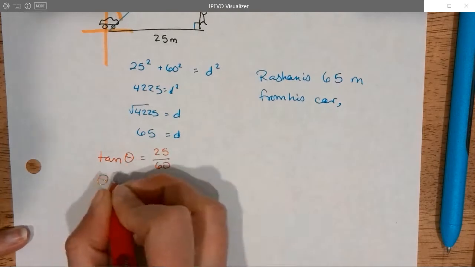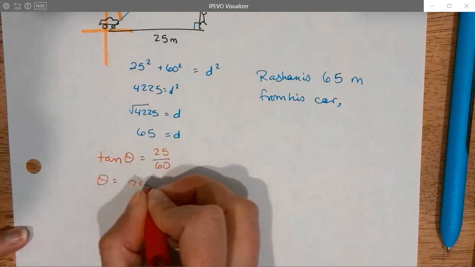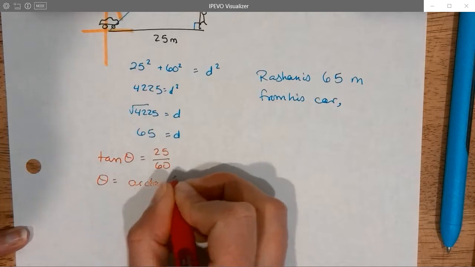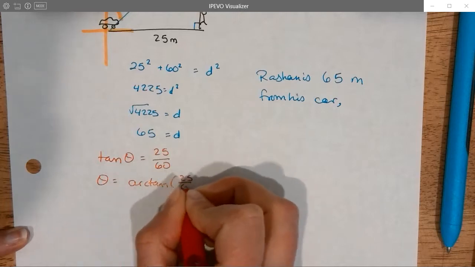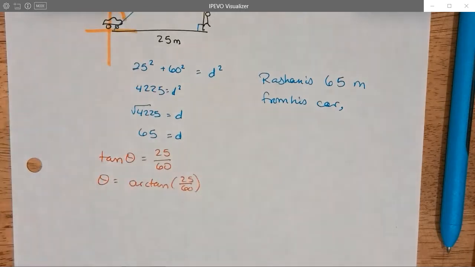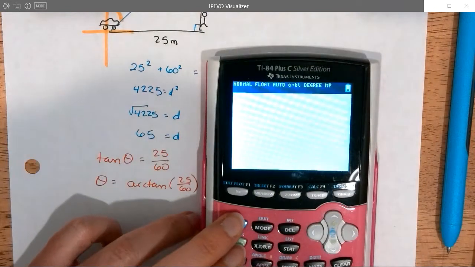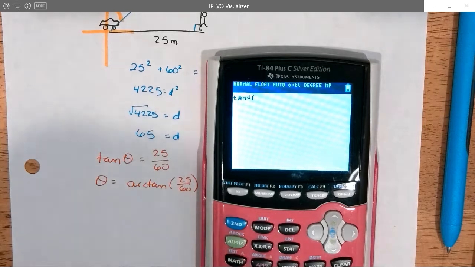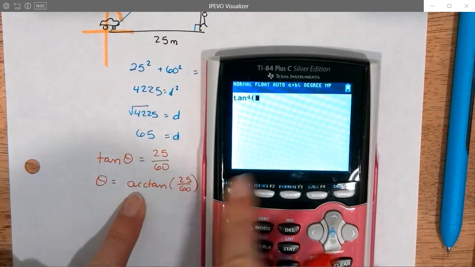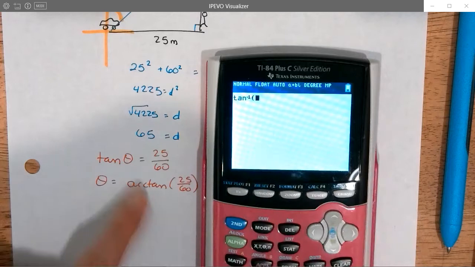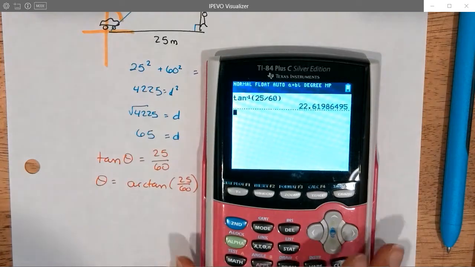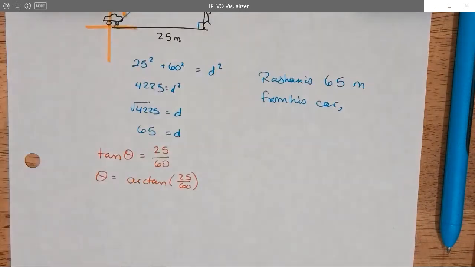That means that theta is going to equal the arctangent of 25 over 60. Alright, calculator or Desmos, doesn't matter. So arctangent, it doesn't matter how I type it, if I write ARC or tan with a little negative 1 in the corner, I think this is cleaner, of 25 over 60 gives us an angle of 22.62 degrees.